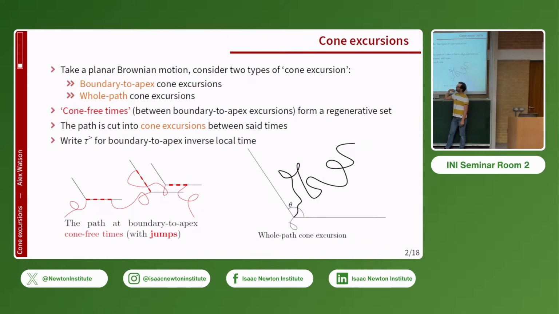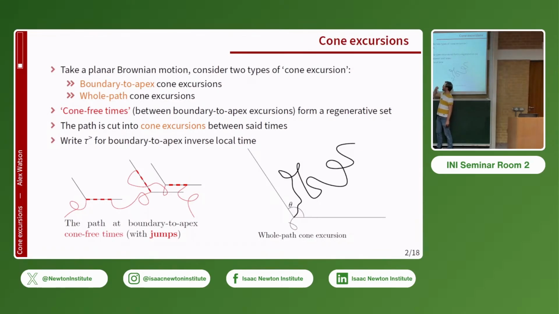So you can find a functional that increases just on those cone-free times, and its inverse is going to be a stochastic process whose range is, the colors do not appear super great on this board, which is a shame because there's a lot of color in the talk, but the range of this inverse local time is exactly these red path sections, the cone-free times, and it skips over all of the excursions.